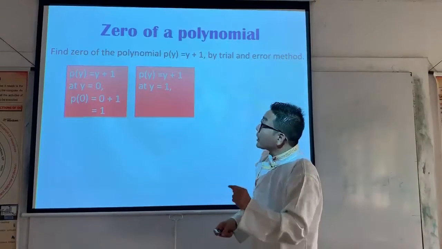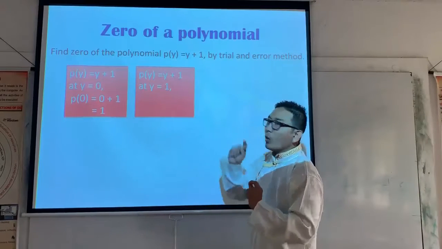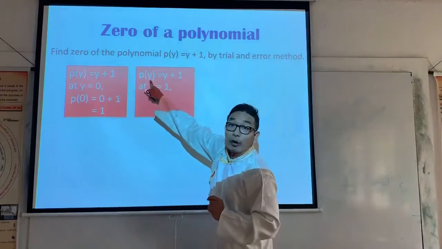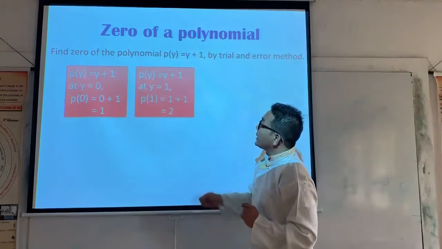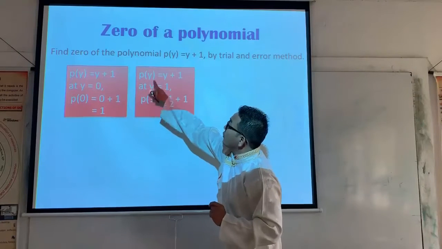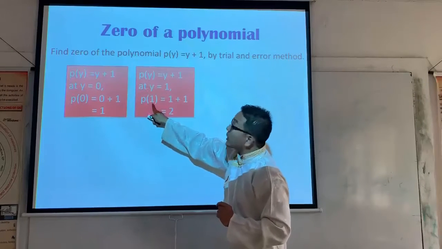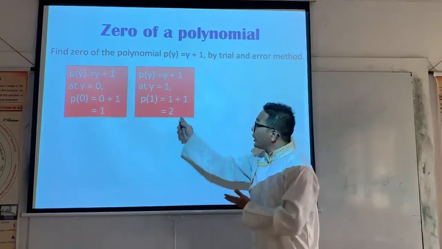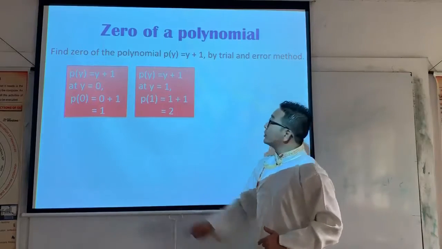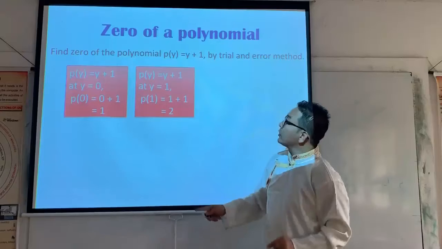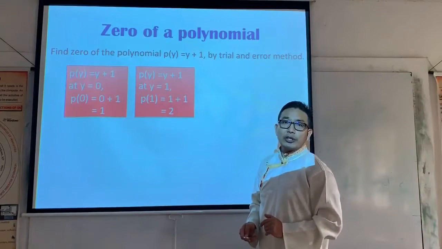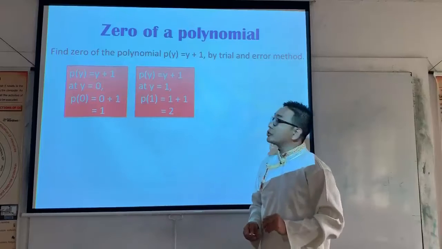What we get is p of 1 equals 1 plus 1, that is 2, not 0. So 1 is not a zero of this polynomial.